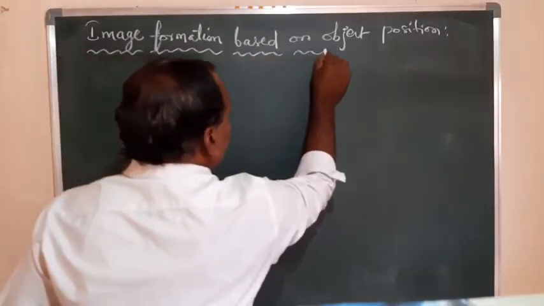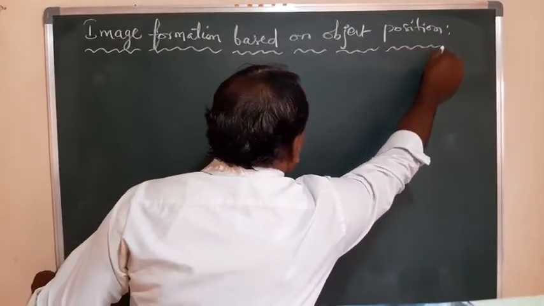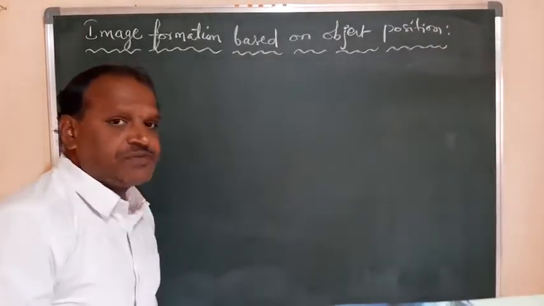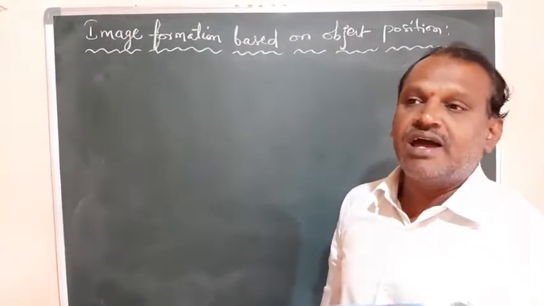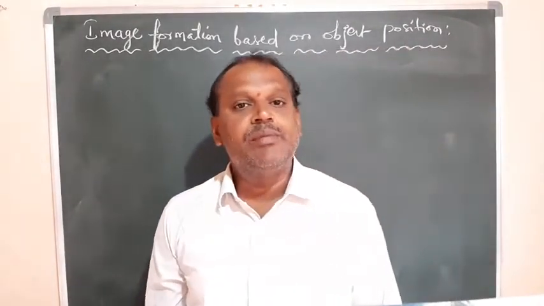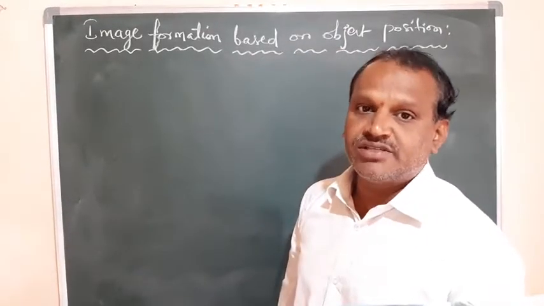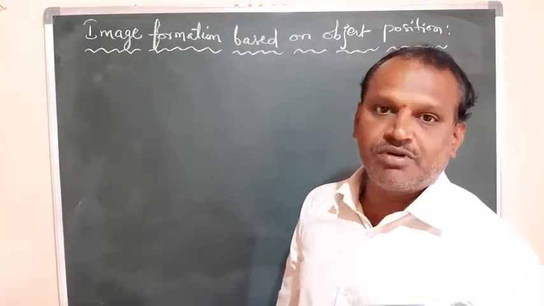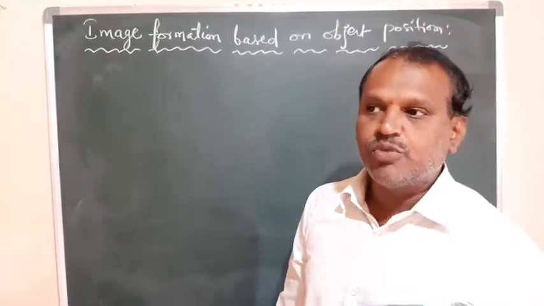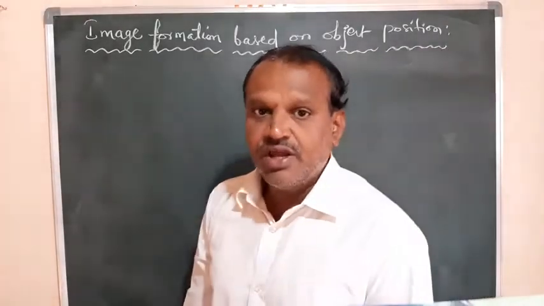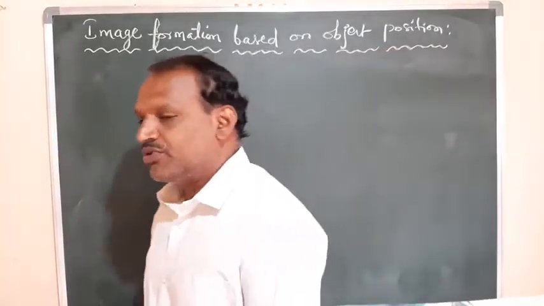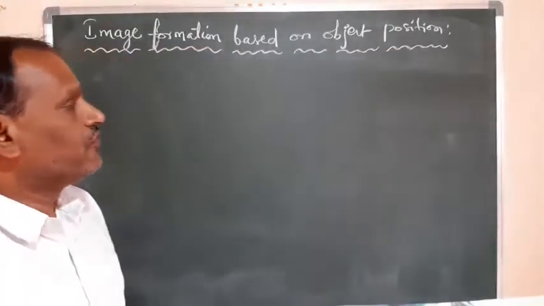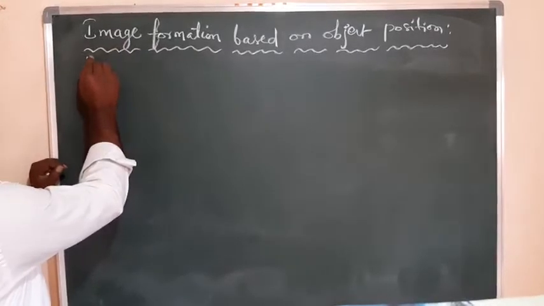We can see this for both lenses, but I am using the convex lens especially, as it produces real images for all positions of the object except one position, which we will discuss now. Because of that, we consider here the image formations based on the object position. So first we go for the convex lens.